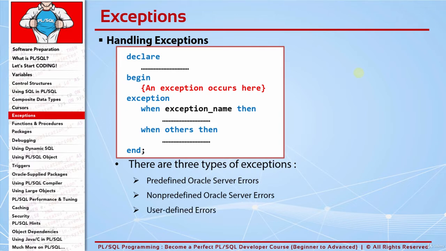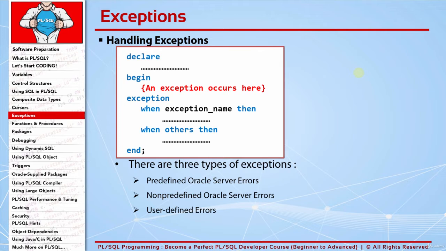Let's start with the predefined Oracle exceptions. We know that each exception has a unique error number, and there are more than 10,000 errors in the Oracle database. We cannot memorize all of them, but most of the time we face very few of them. So the developers of Oracle thought it would be better to give these common ones a name so we will be able to trap them better.